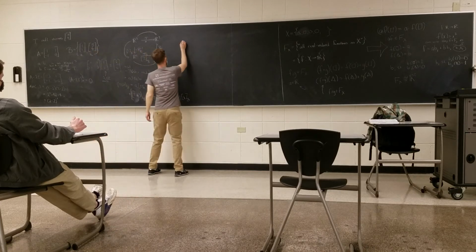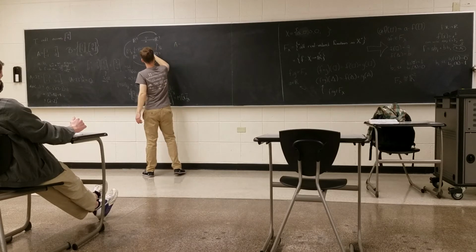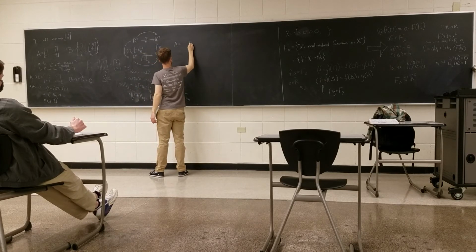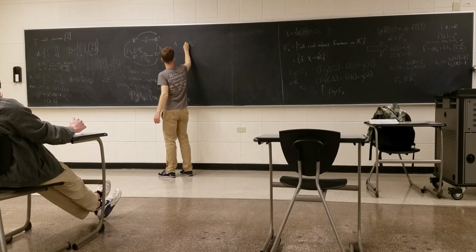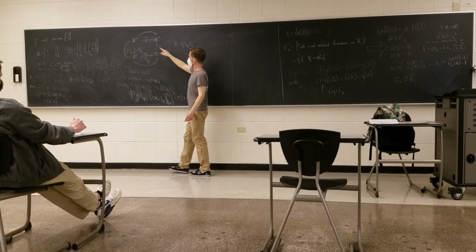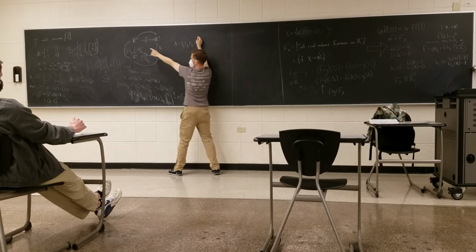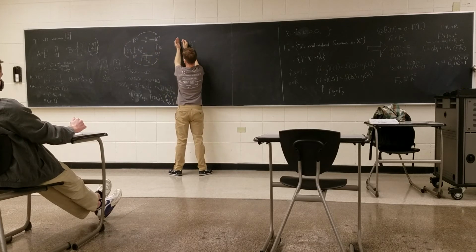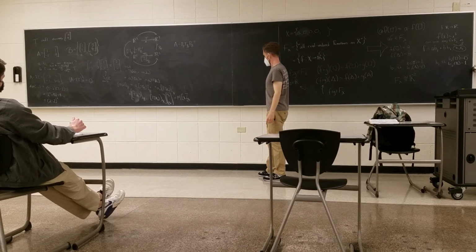So A equals, first I apply P_B inverse, then I apply A, and then I apply P_B. The reason I wrote them in this order is that when I apply this transformation to a vector, I multiply by this matrix first, then this, and then this. So that's the reason the order looks reversed.